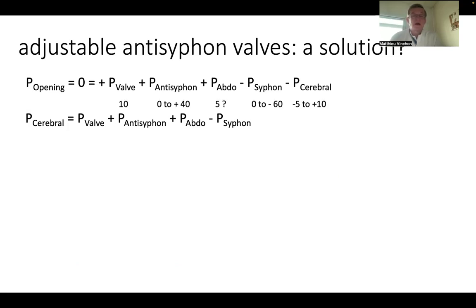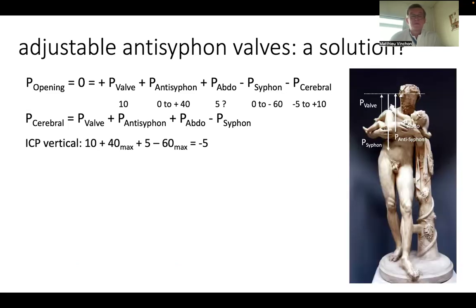So these values are what we find generally, and we can make the total for the vertical position, which is 10 plus 40 anti-siphon pressure, plus 5, which is abdominal pressure, minus 60, which corresponds to 60 centimeters between the head and the abdomen as mean.